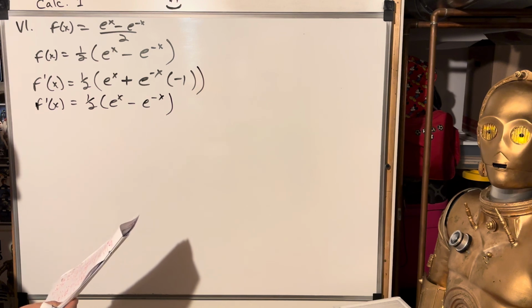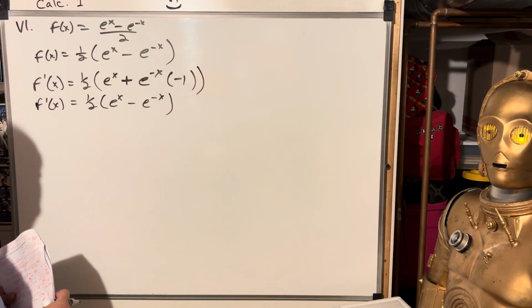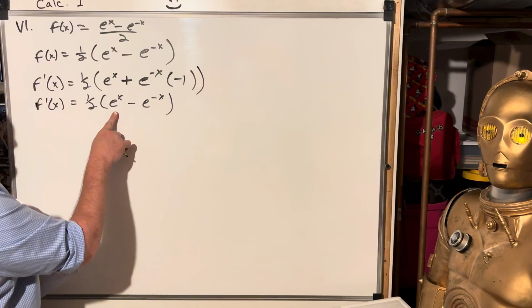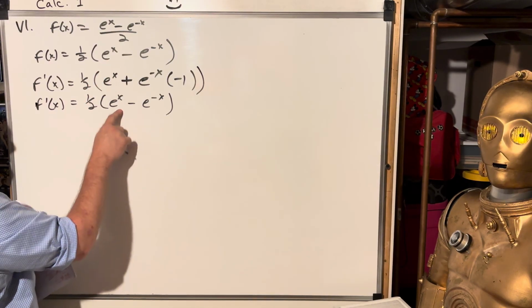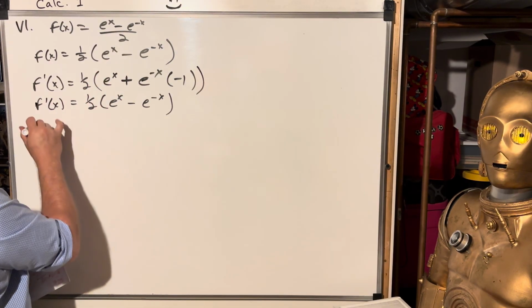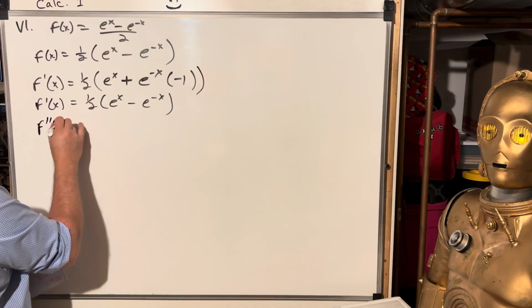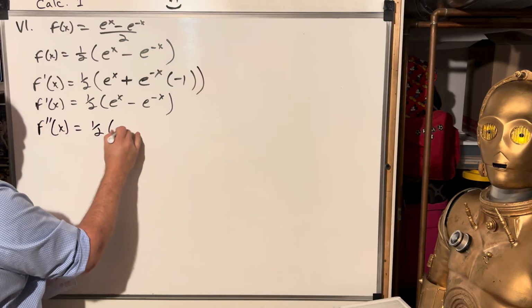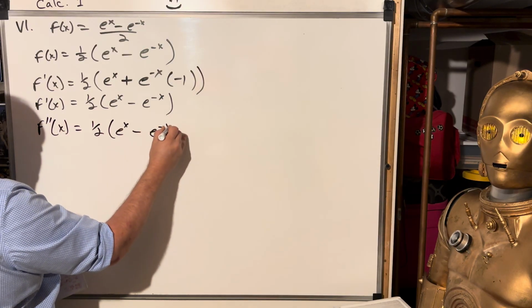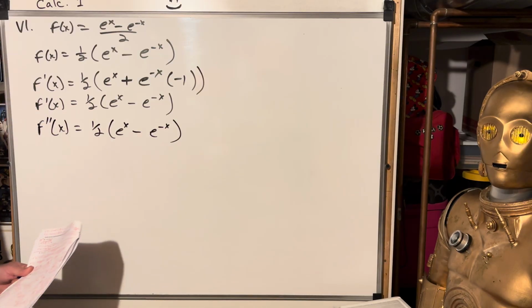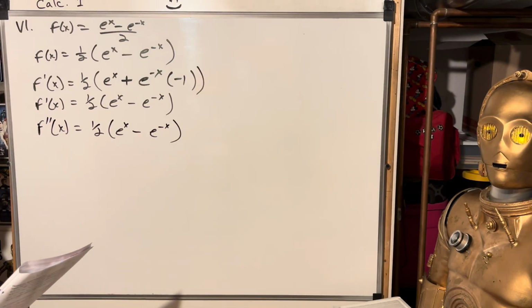All right, and so now we're going to do the second derivative. You may have noticed that this is the same as that at the end of the day. So guess what? It's itself again.